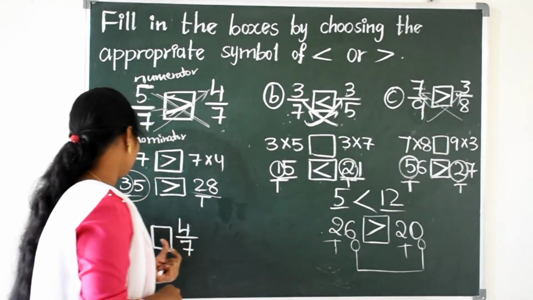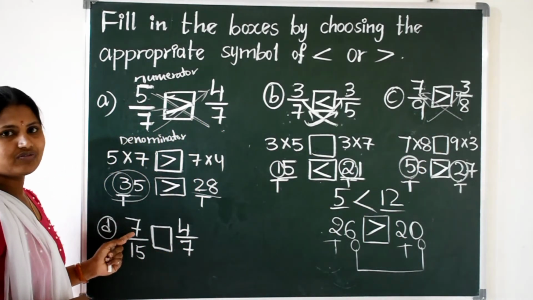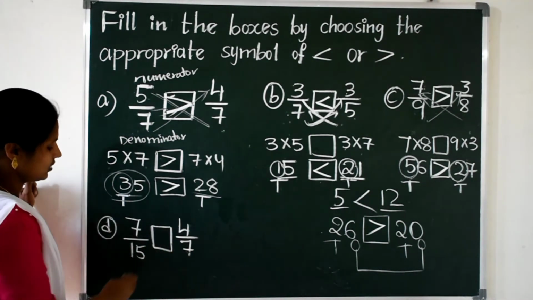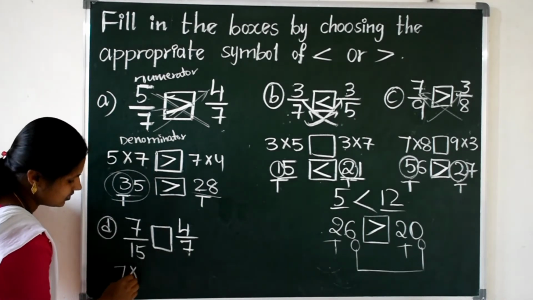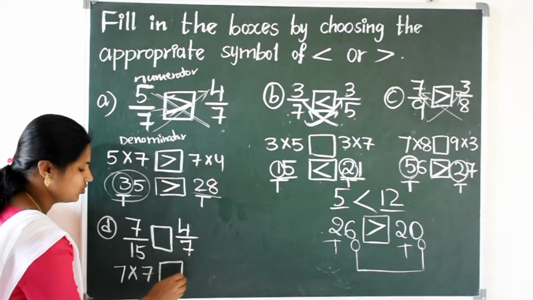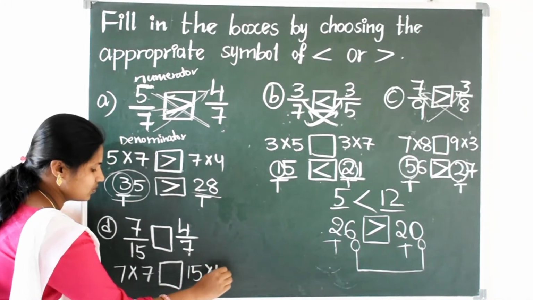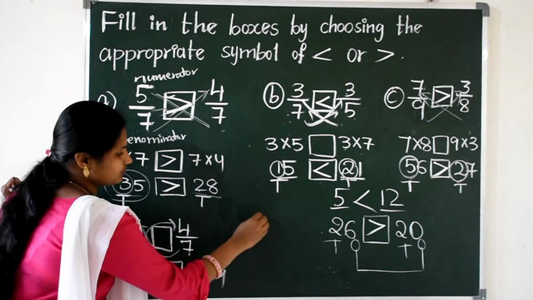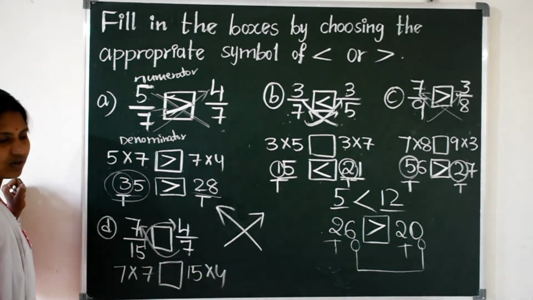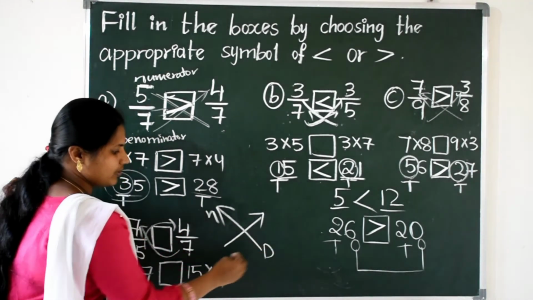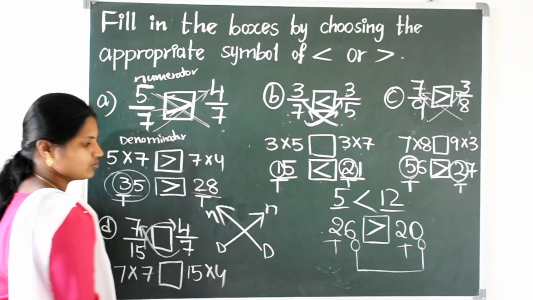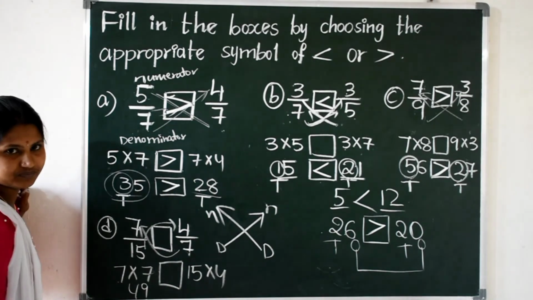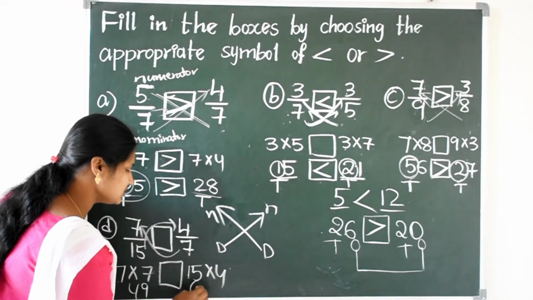Now see one more question here we have 7 by 15 and 4 by 7. Compare these two fractions. Yes, tell me all of you. Yes, 7 into 7 and this side 15 into 4. Cross multiply like this. This numerator multiply with this denominator and this denominator multiply with this numerator. So 7 sevens 49 and 15 fours 60.